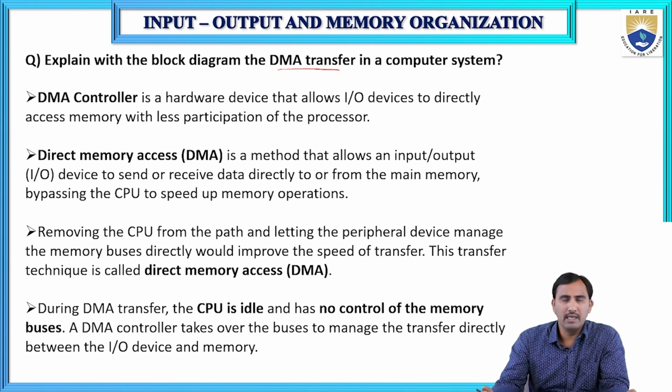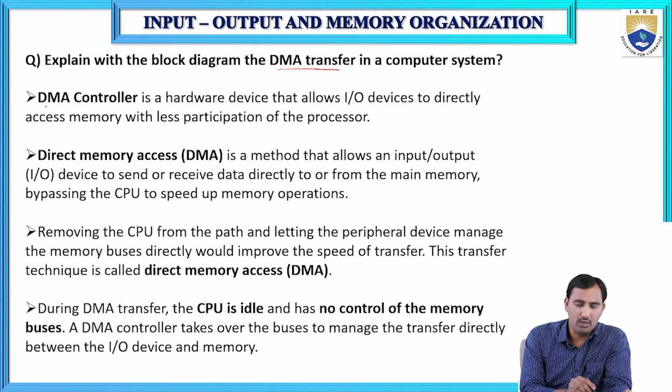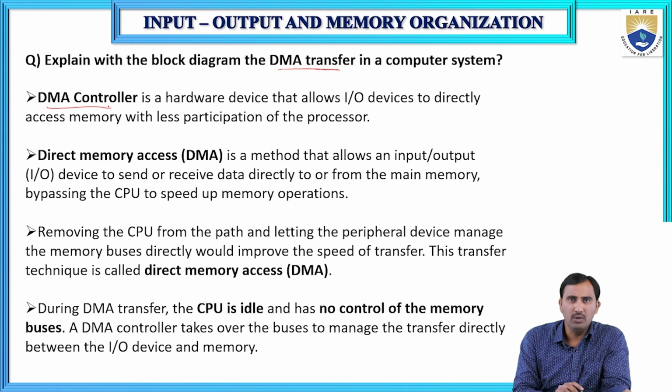This direct memory access is performed by a controller that is called the DMA controller. The DMA controller is a hardware device that allows an IO device to directly access memory with less participation of the processor.